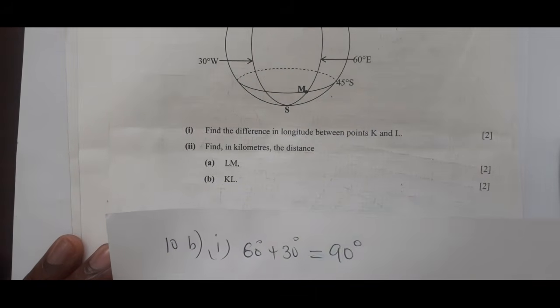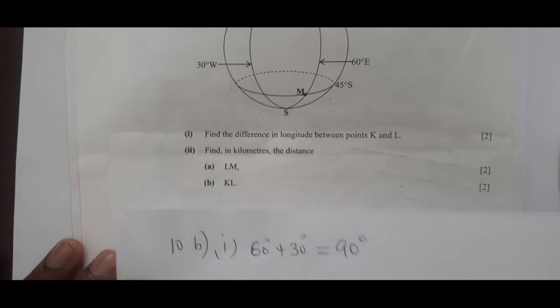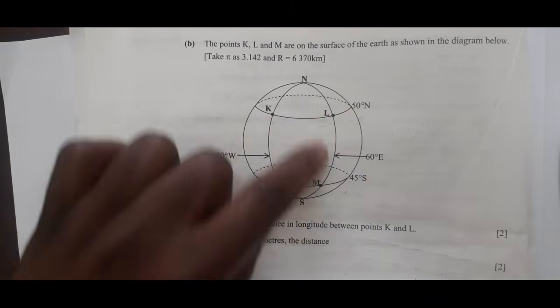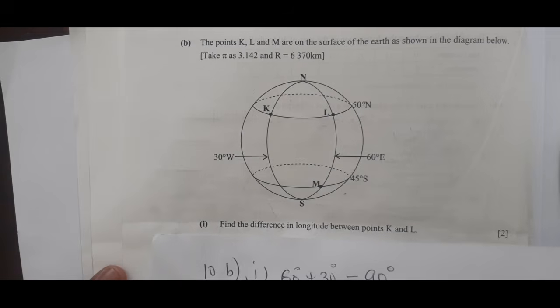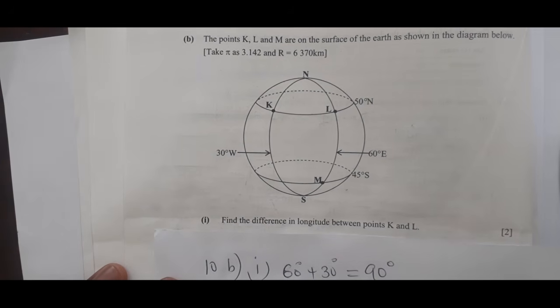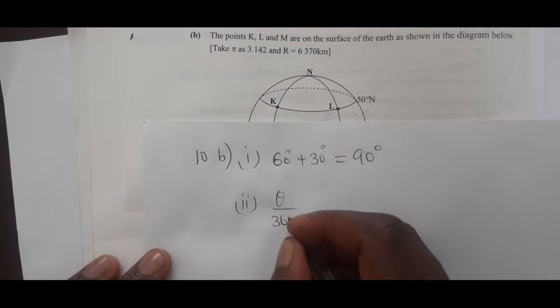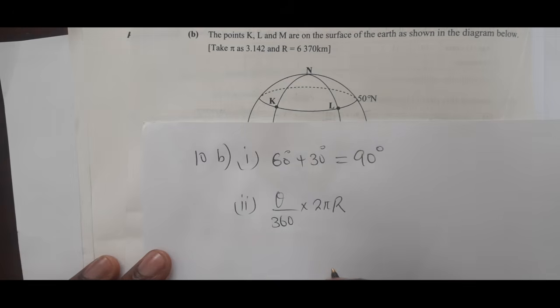Then calculate or find in kilometers the distance LM. LM, okay? So these two places are on the same what? Longitude. So what formula do we use in this case? We say theta over 360 multiplied by 2 pi radius.